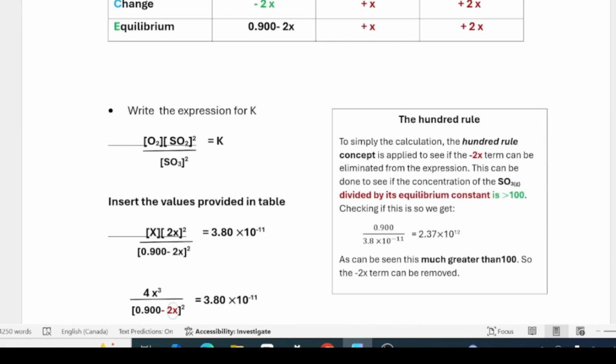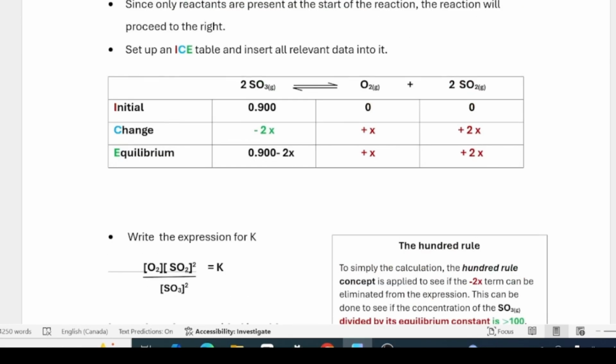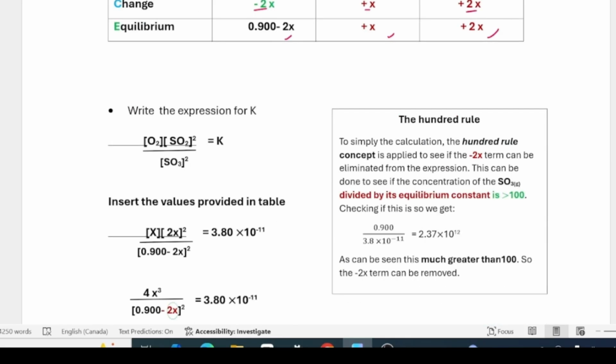Establish your IC table. We know we're starting with only reactants, so we have to decrease the reactants and increase the products according to their stoichiometric coefficients. That is 2 minus 2 plus 2. This is 1 plus 1. So these will be the final concentrations at equilibrium, and our next job will be to find the value for x.